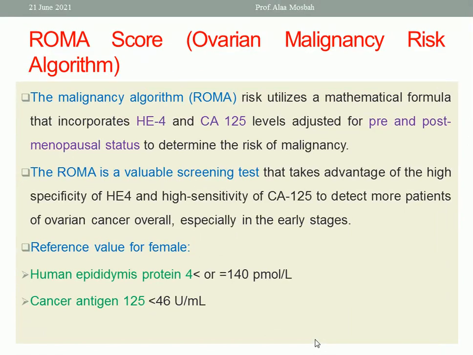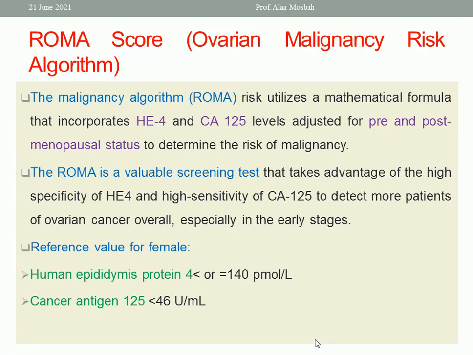Another score for malignancy is called the ROMA score, Risk of Ovarian Malignancy Algorithm. What about this score? The algorithm, ROMA, utilizes a mathematical formula that incorporates human epididymis protein 4 and the CA125 level adjusted for pre- and post-menopausal state to determine the risk of malignancy.